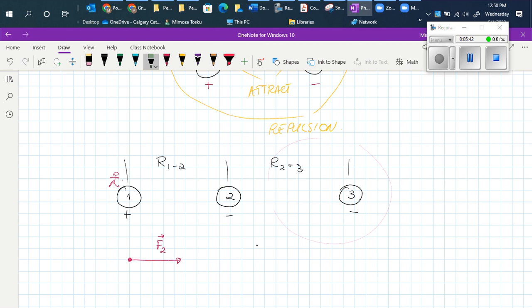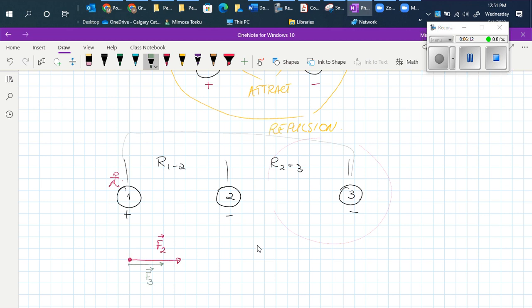And then you will ask, what about the force that charge 1 is experiencing as a result of charge 3, supposing, this is superposition, that charge 2 doesn't exist? Since charge 1 and charge 3 are opposite charges, again it will be attraction.